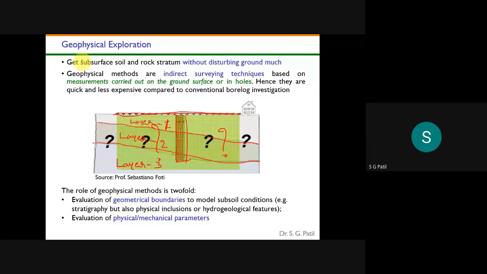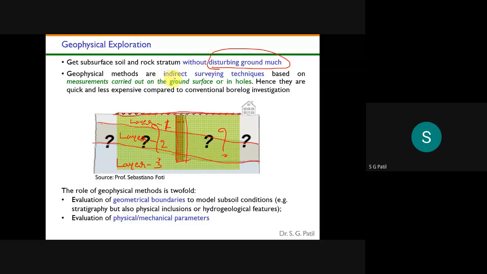So we can obtain the subsurface soil or rock stratum without disturbing the ground much. Because we are not drilling any borehole or disturbing any soil samples inside the ground, without boreholes we can get the layer sequence of these soil strata.